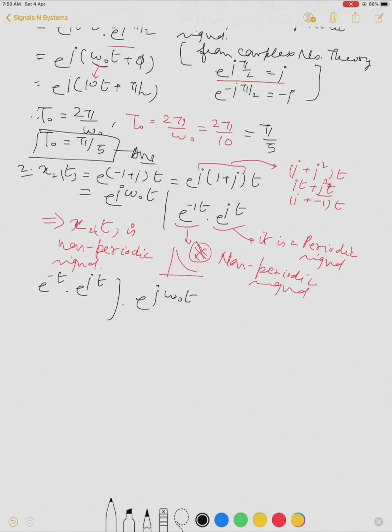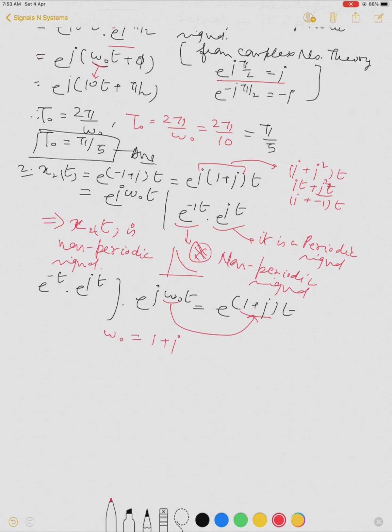Comparing with (1 plus j)t, omega naught is 1 plus j.